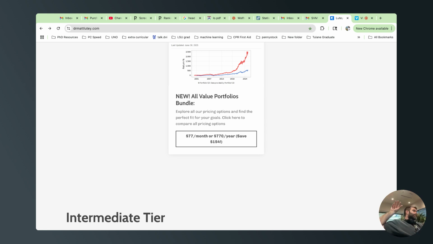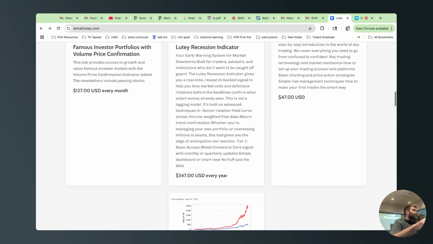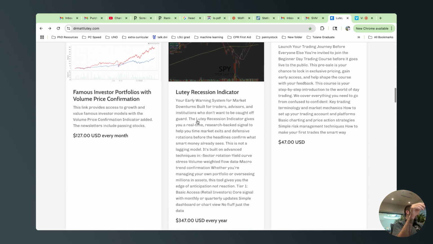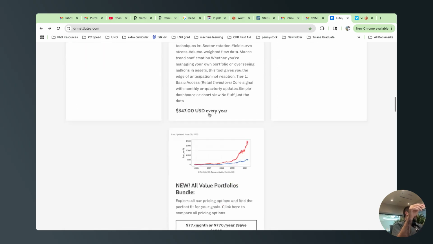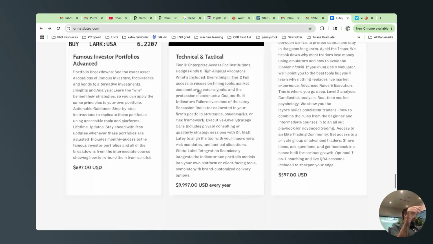The other class I teach is a seminar capstone class, and it's basically going to start with this recession indicator, then look at the broad macro overview of the market and things like the relative rotation.